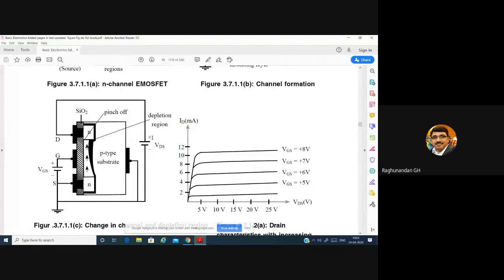That means if the positive terminal is connected to this, and the negative terminal is connected to the ground, even though it is connected to ground, this will be acting like the negative terminal only.